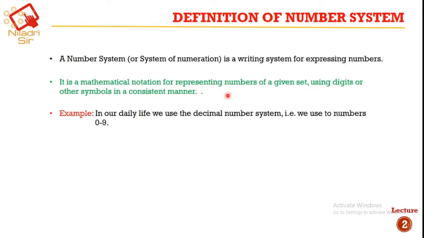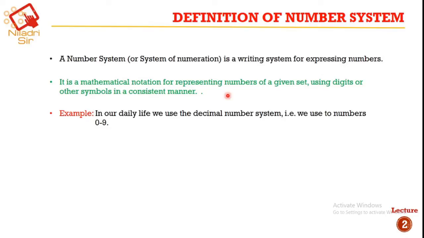Basically, in our daily life, we use the decimal number system. So why is it called the decimal number system? In the decimal number system, the digits are 0, 1, 2, 3, 4, 5, 6, 7, 8, and 9.